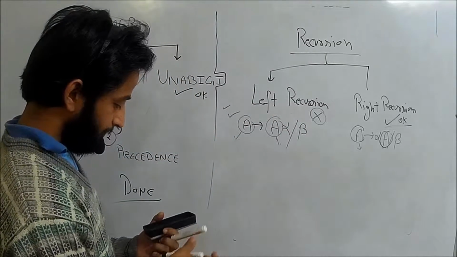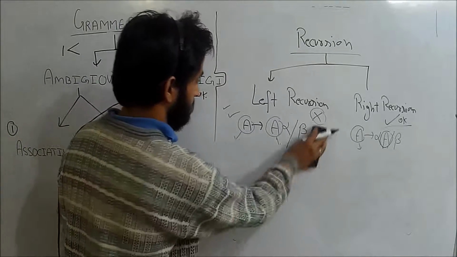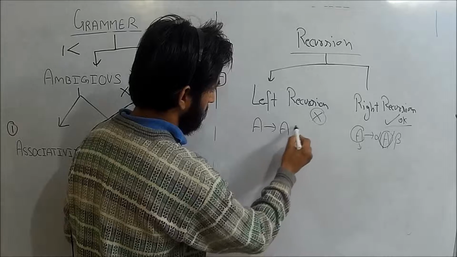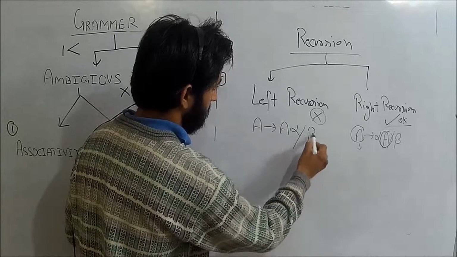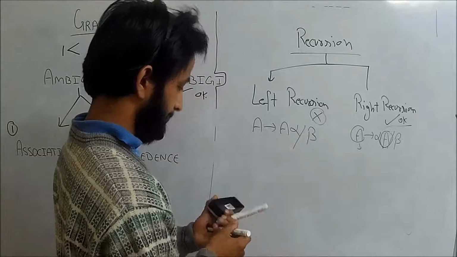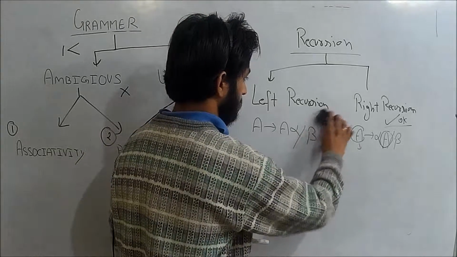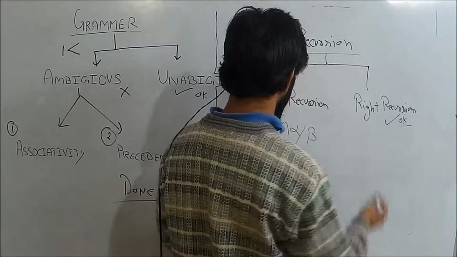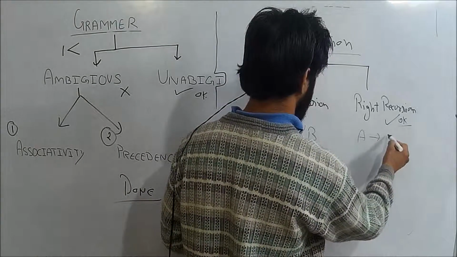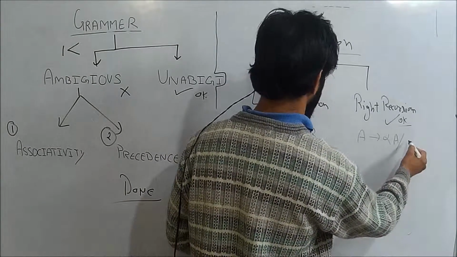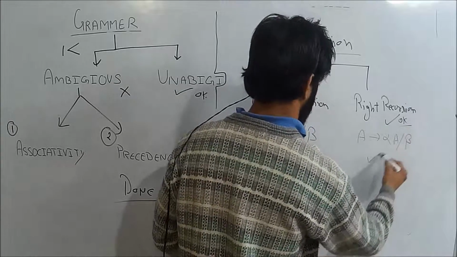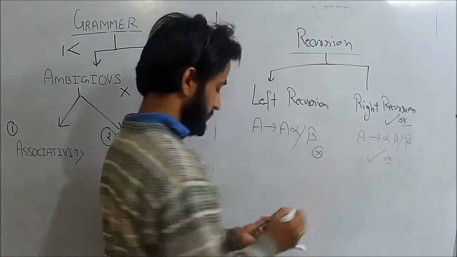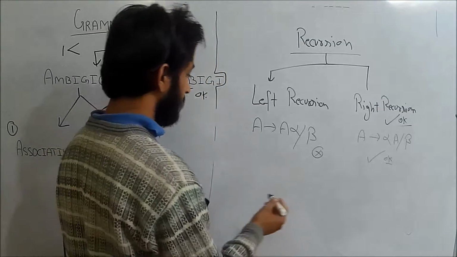Taking the example of the grammar where A derives A alpha and beta, and in the other case A derives alpha A beta, that is okay, but here is the issue which is not okay. Now we will resolve that.